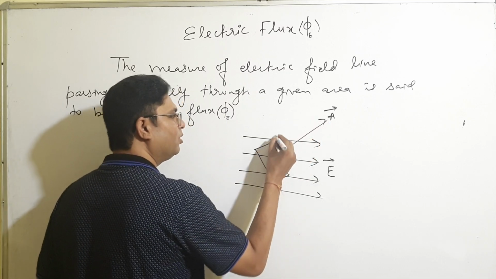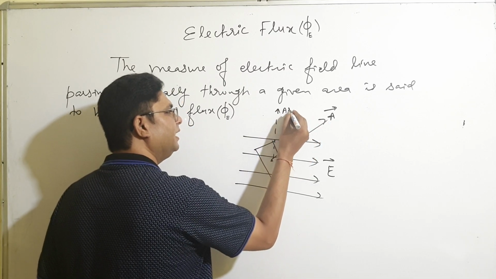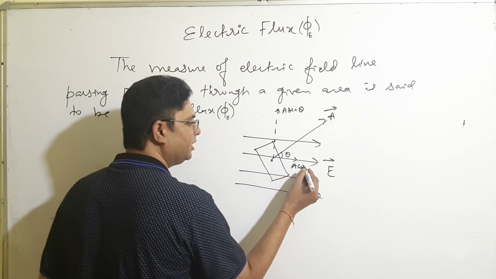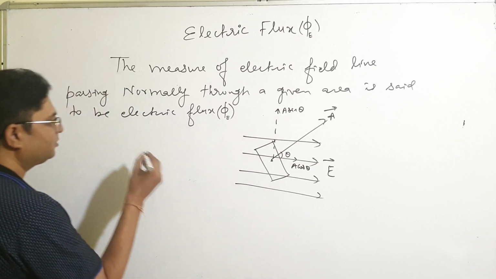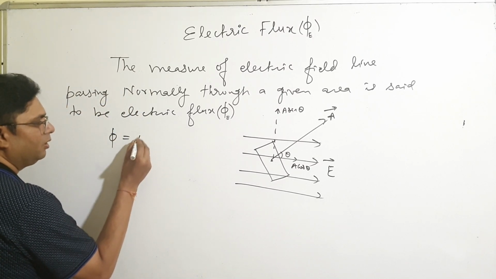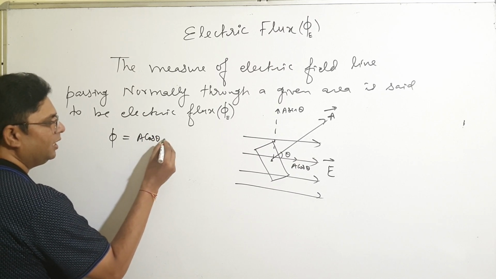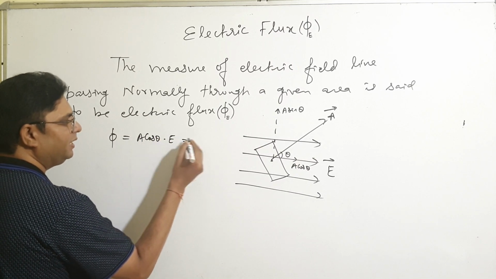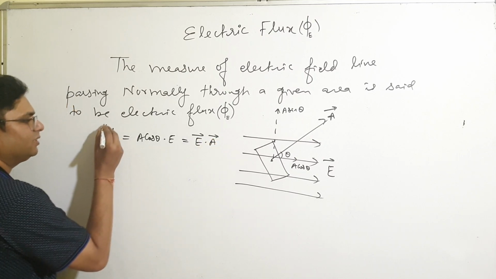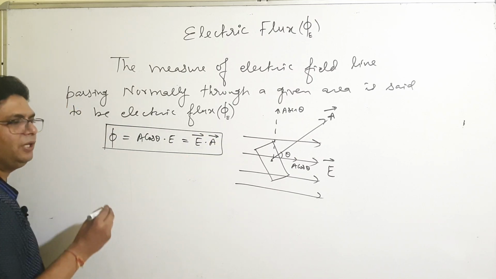Resolve A into two components. This is A sin theta. This is A cos theta. So electric flux phi is equals to A cos theta into E, which can be written as E dot A. So electric flux phi is equals to E dot A.